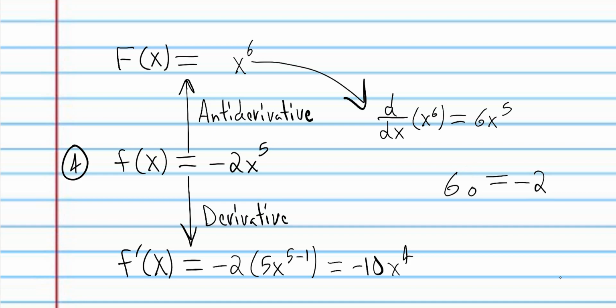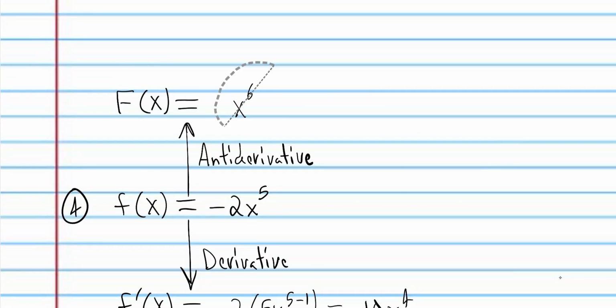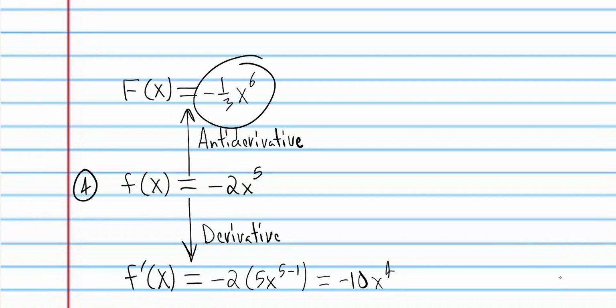If you solve that equation, negative 1/3. So what that means is we need to write a negative 1/3 in front of x to the 6th power. Now, if we find the derivative of this, we use the constant multiple rule.